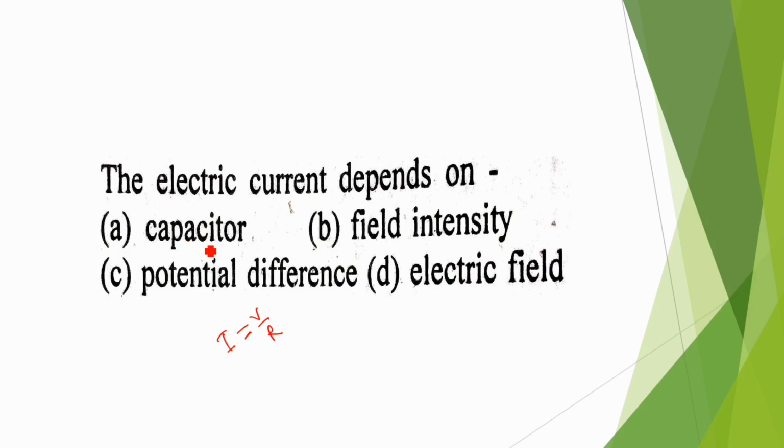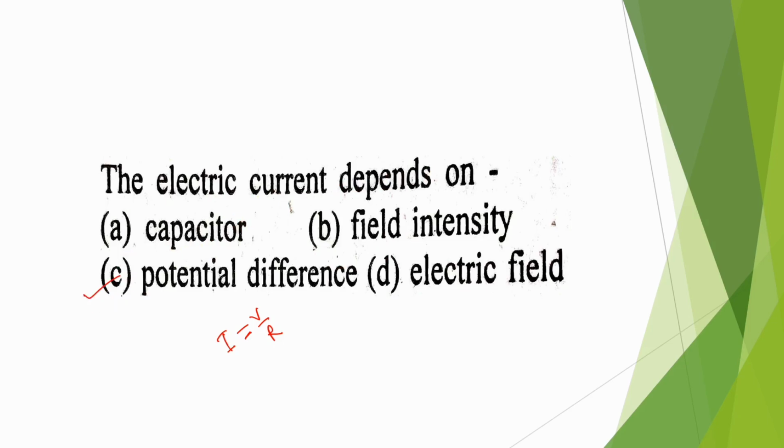Electric field and field intensity are related to forces on charges, which can influence current in the presence of a conductor, but they are not primarily determinants in a simple circuit. So electric field, field intensity and capacitor are not the options. The electric current depends on potential difference. The higher the potential difference, the higher the current.